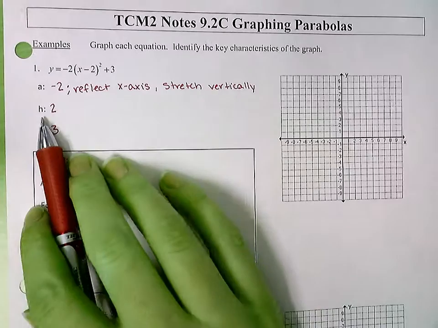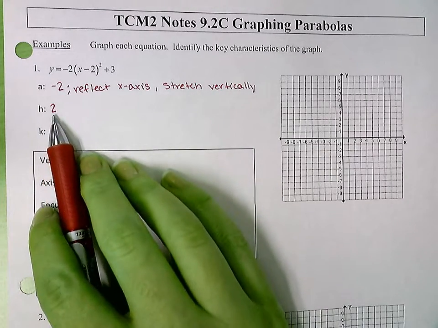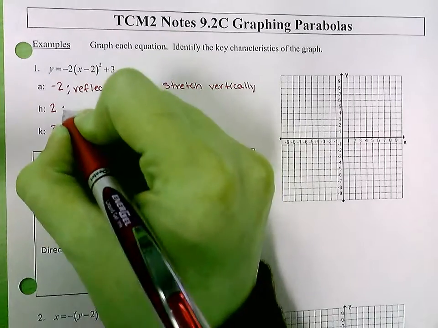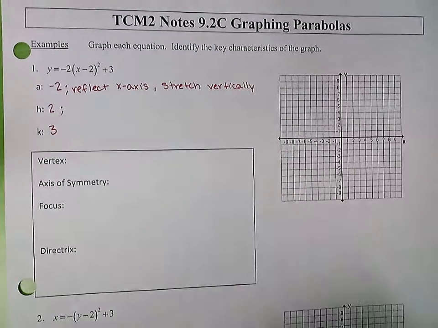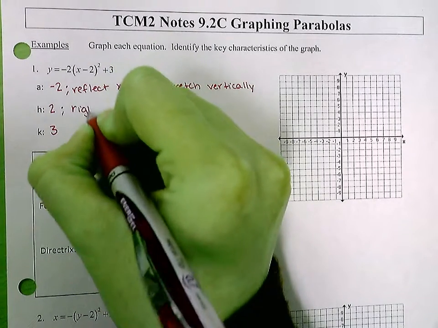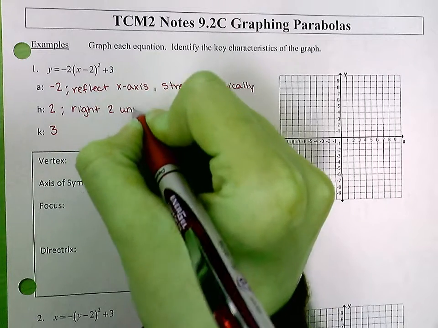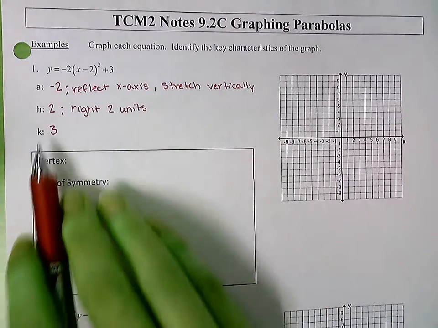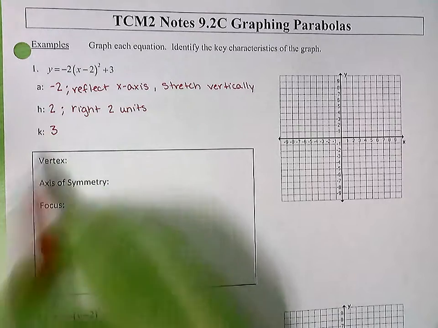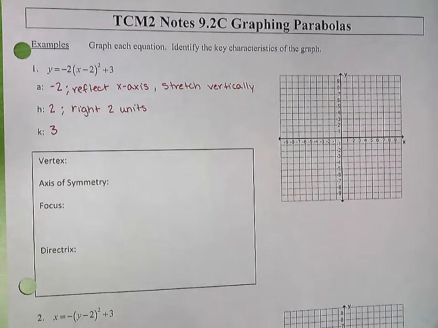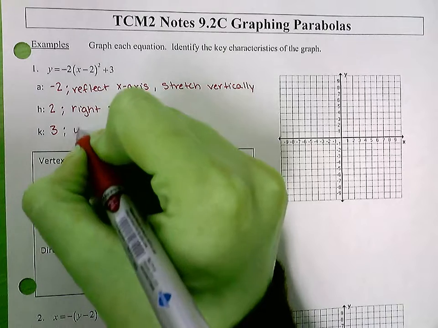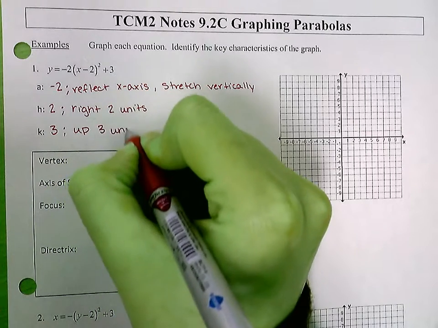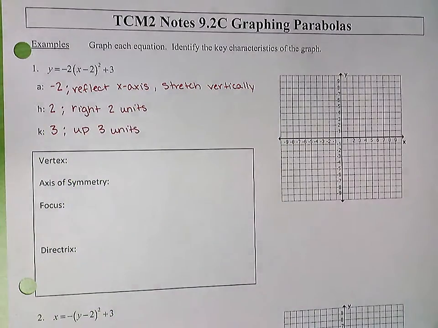Okay, then moving on to H, this 2 will move your graph right 2 units. And your K value will move your graph up 3 units. Okay, so that's my A, H, and K.